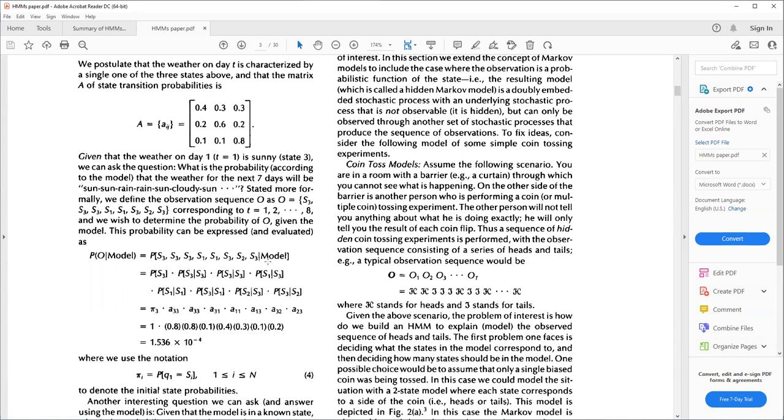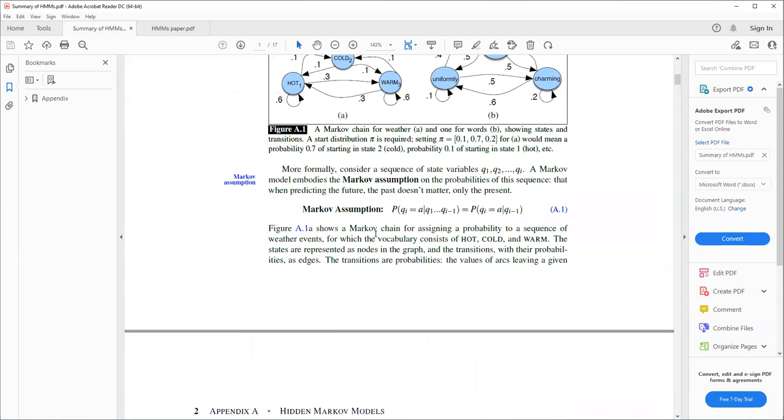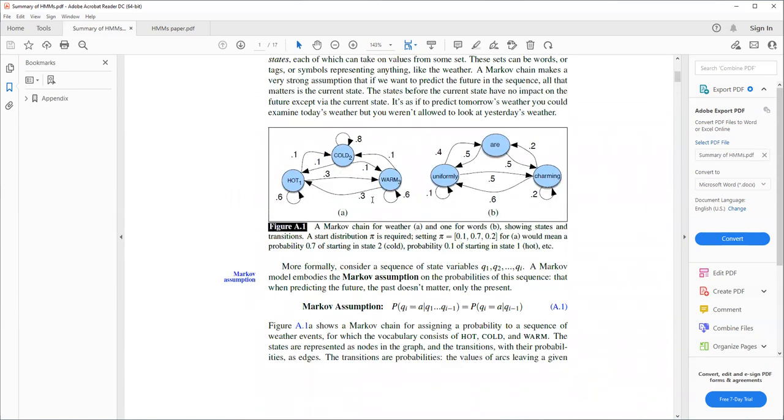I hope that everything till this point is clear. I've given 2 examples. In terms of the quiz, if I give a question from this part, I'm going to give you some descriptions of the model.